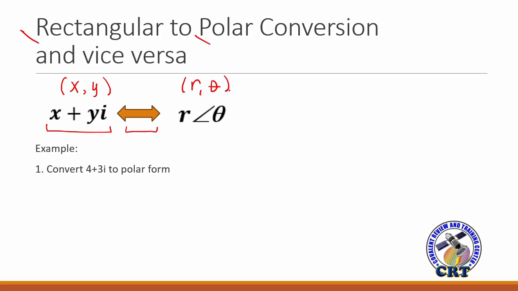To convert that, we will be needing some equations and relationships. First, to solve for the parameter r, this is equivalent to the square root of x squared plus y squared.